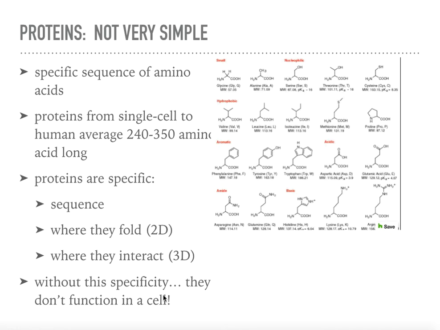Without this specificity, they do not function in the cell. They know this because they've taken one little amino acid out of a protein sequence, and then it doesn't do its job like it used to. Or if they change the way it's folded, then it doesn't work either. That's what it means when it says it's very specific.